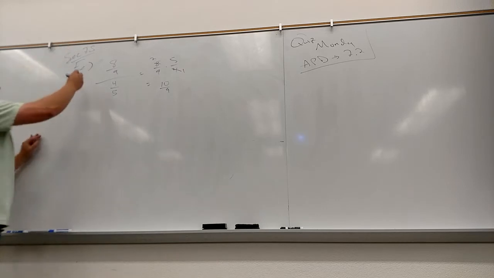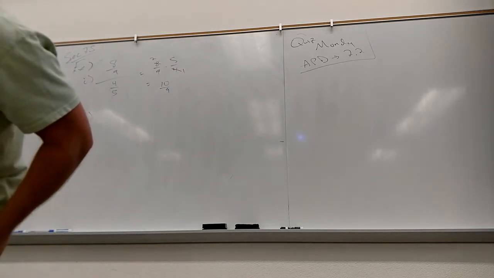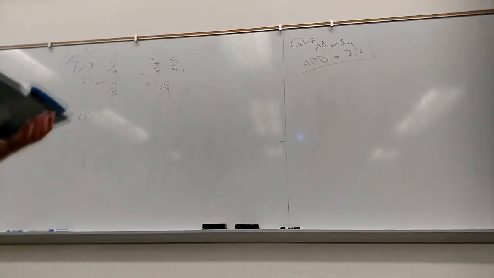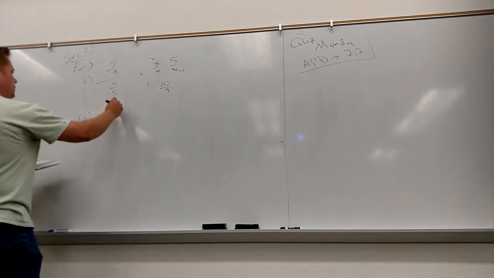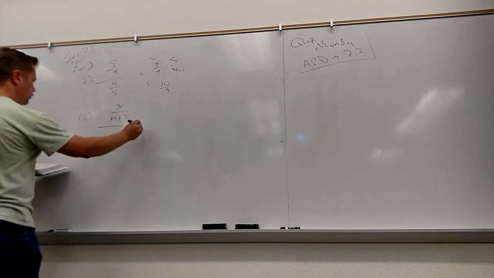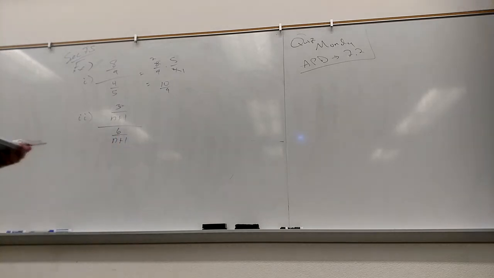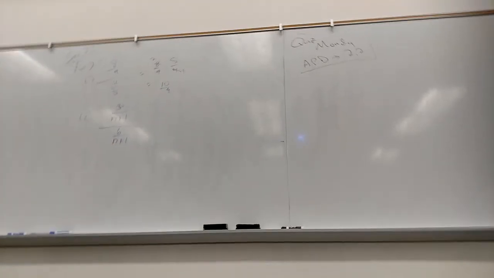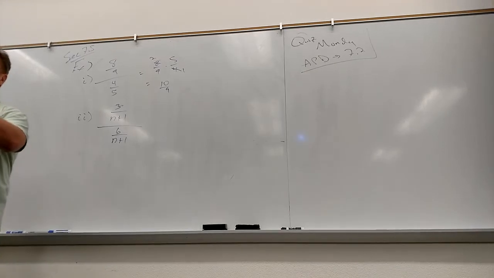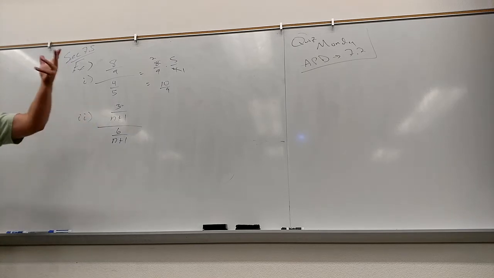Well, the immediate next level would be something like this. Now, I want you to realize something about this problem. 3 over n plus 1 over 6 over n plus 1. Those just cancel out, won't they? Yes. So hopefully you guys realize the top and the bottom both have over n plus 1, so they're just going to cancel.